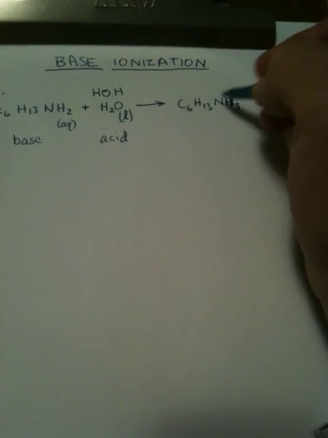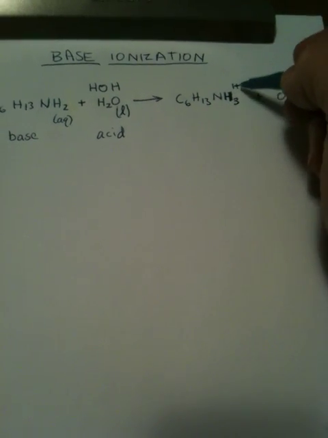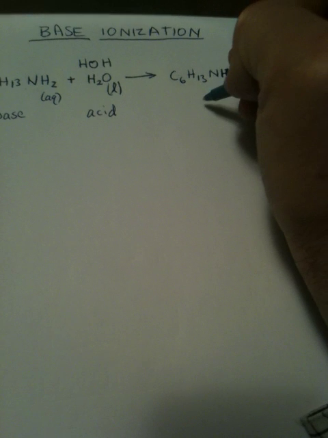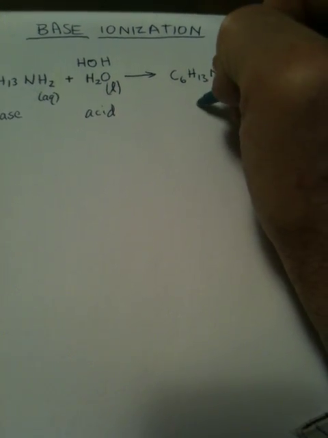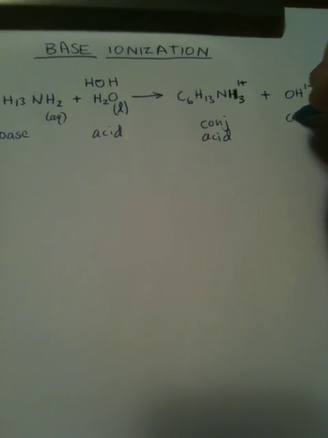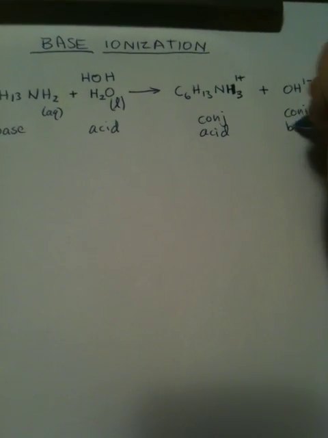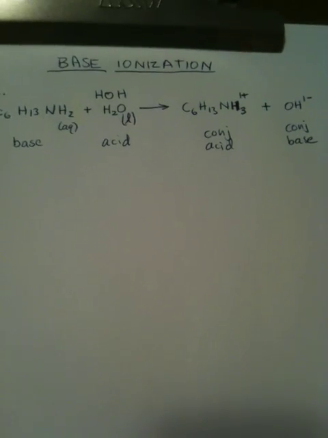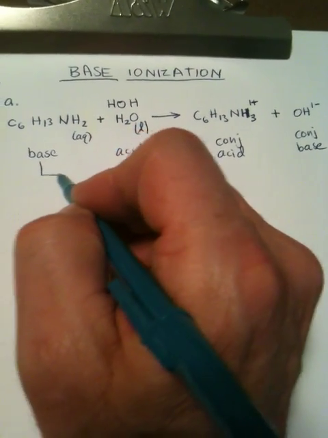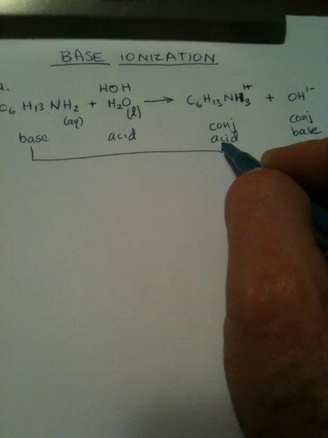So now we have this guy that just got the hydrogen, and now he's a little positive, and he has a hydrogen that he can give away. And so he is going to be now our conjugate acid and the conjugate base. So let's tie them all together. The base, when it gains a proton, becomes the conjugate acid.